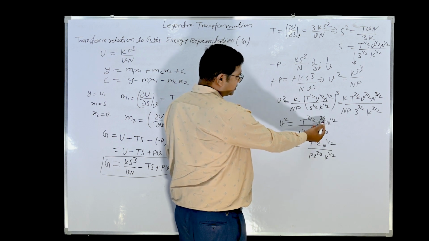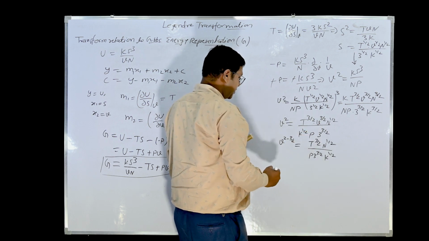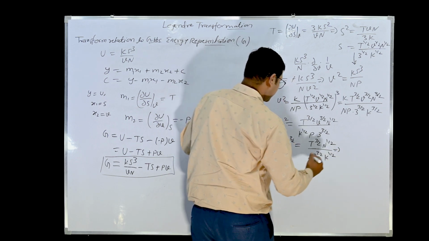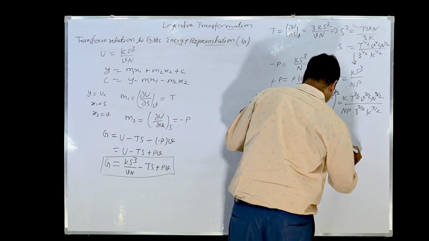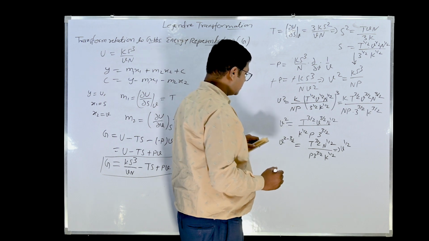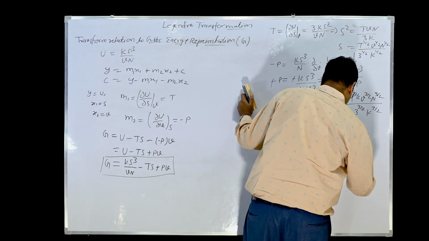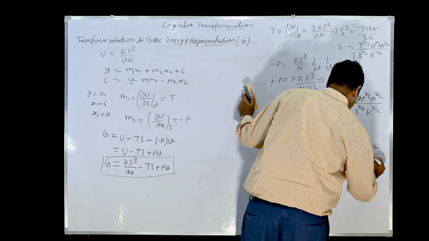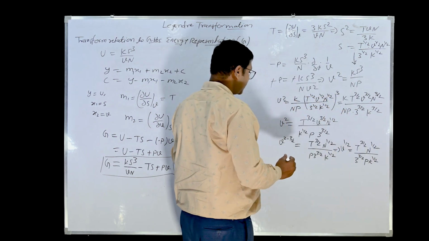I simply shift this to the left hand side, and this will become V to the power 1 by 2 is equal to T to the power 3 by 2, N to the power 1 by 2 upon 3 to the power 3 by 2 P and K to the power 1 by 2.